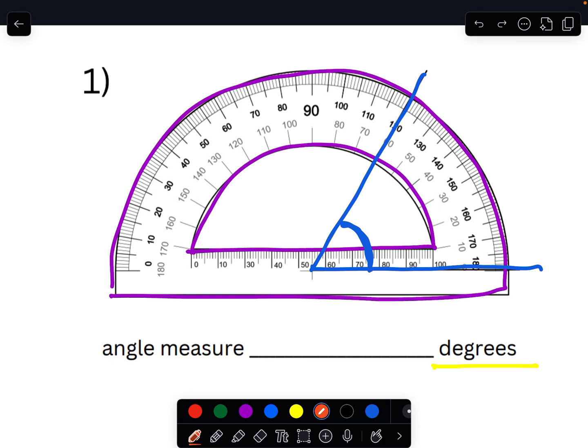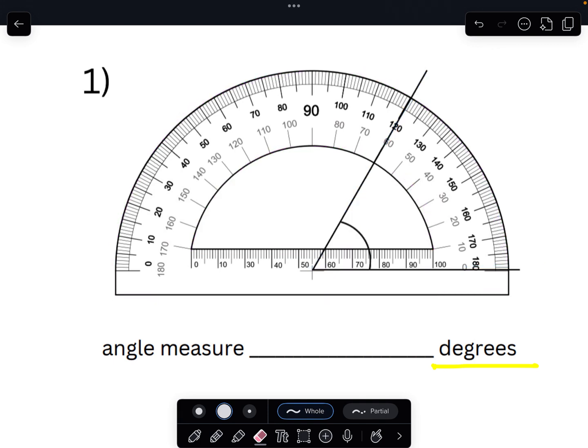And this is where it gets interesting. On a protractor, you have the middle point and then you have 0. You always want to line up one of the lines with 0. You'll notice that we start with 0 and then go to 10 and then 20 and 30 and so forth all the way to 180 in this direction.